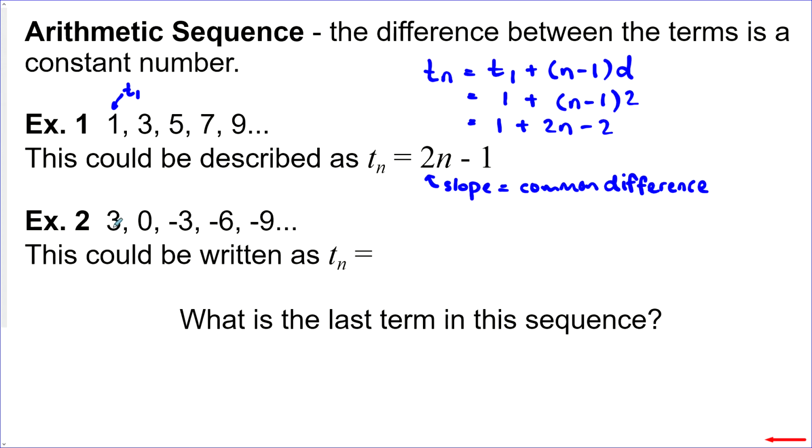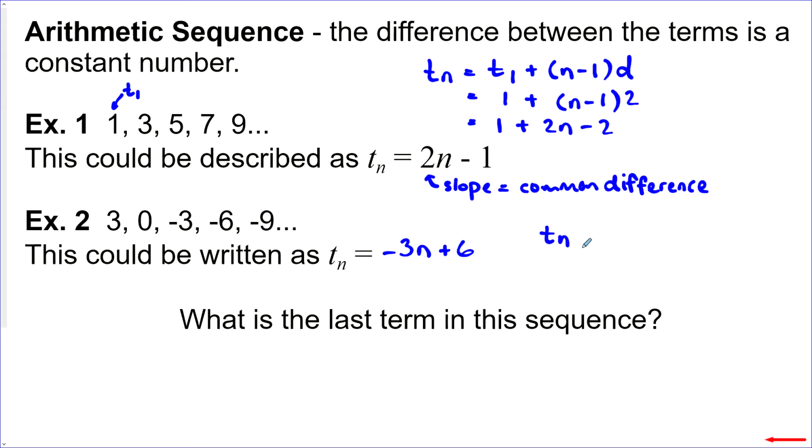Let's try this one. The common difference looks like we're subtracting 3 each time, so -3n. And if I could just go backwards one step, we would have been at 6. So it's +6. Now we could do it using this same equation.